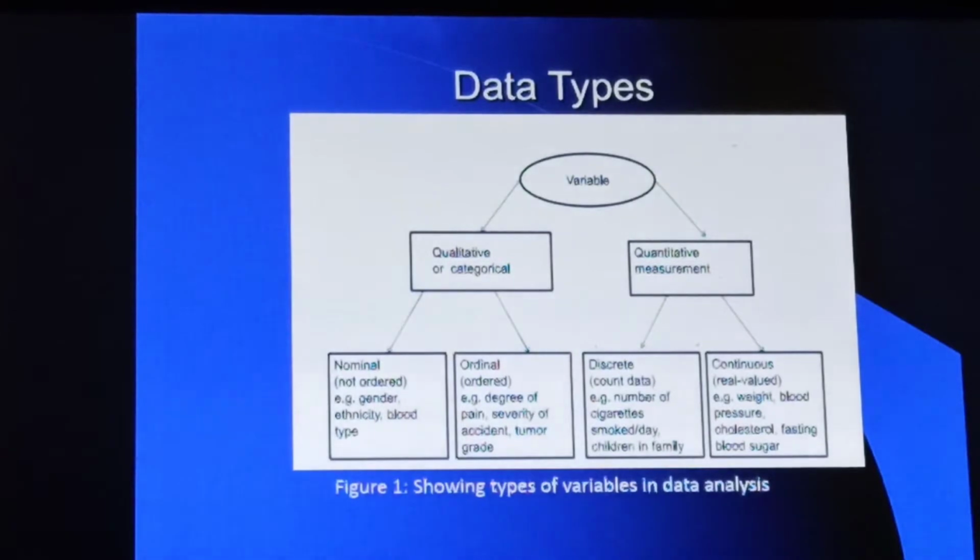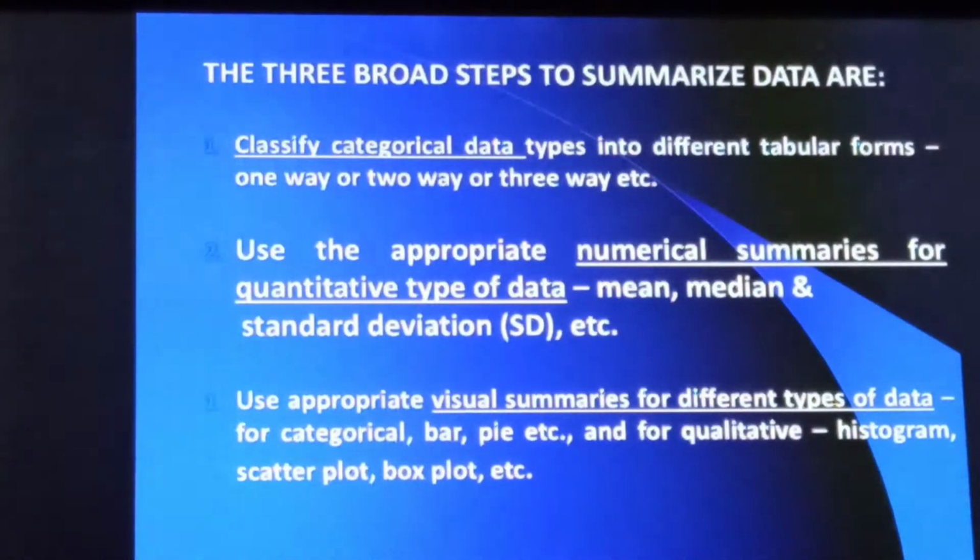Now these are the types of data we have been talking about, and in the earlier videos, summarization of qualitative data was taken up. Now summarization of quantitative data is being taken up in this video. There are three broad steps of summarization of data.